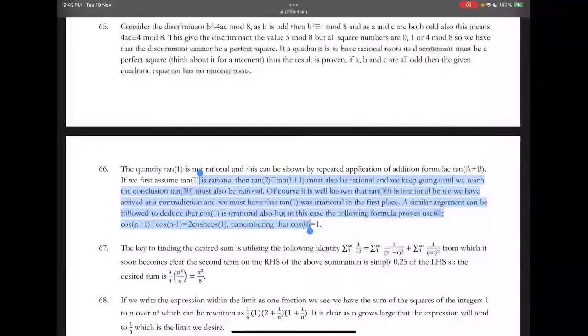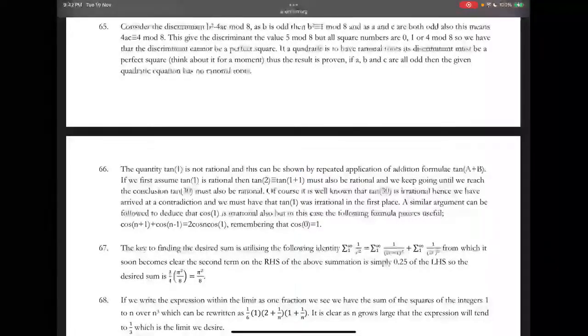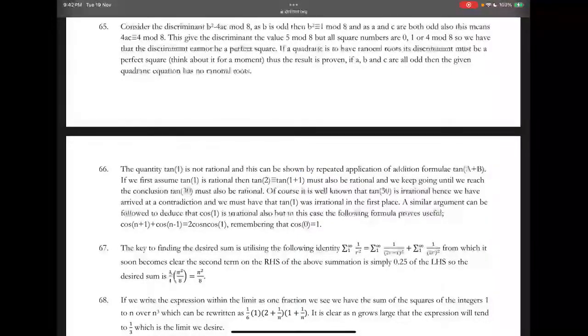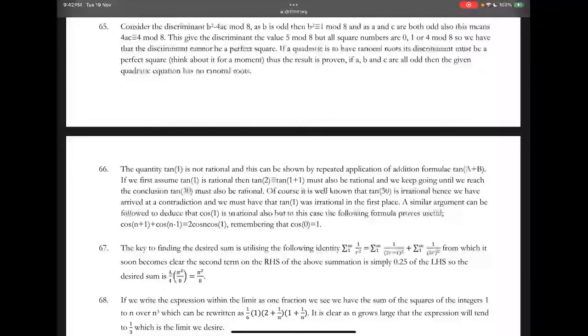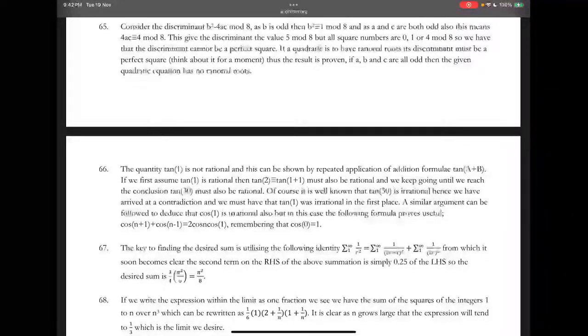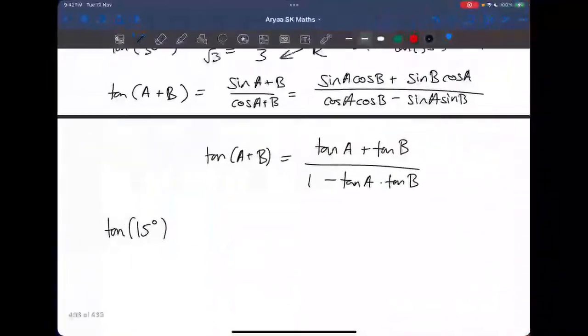Okay, if we assume tan of 2 is rational, then we get to tan of 4, and then we can get to tan of 10, and so on. So it is a proof by contradiction, but we don't actually use the a over b method here.